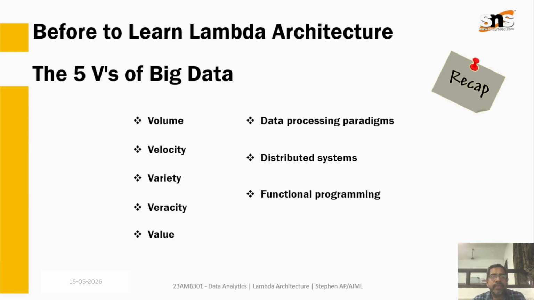Velocity is always talking about how the data is traversed, that means feeding into the storage and then retrieval from that storage. In big data we work with a special indexing mechanism, and that indexing mechanism provides quicker retrieval solutions.